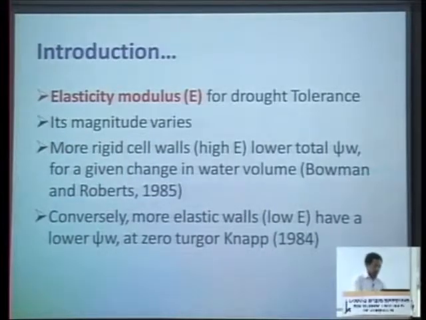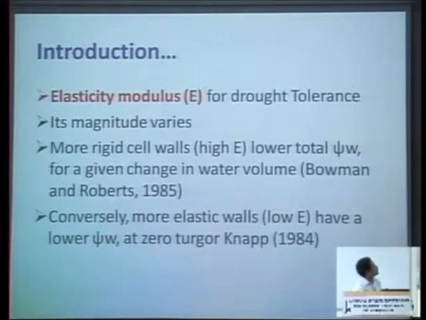Another mechanism that they use is the elasticity modulus of the cell wall. Elasticity modulus of the cell wall is a relative change in position of the cell wall when we expose plants to drought or to stress conditions in general.